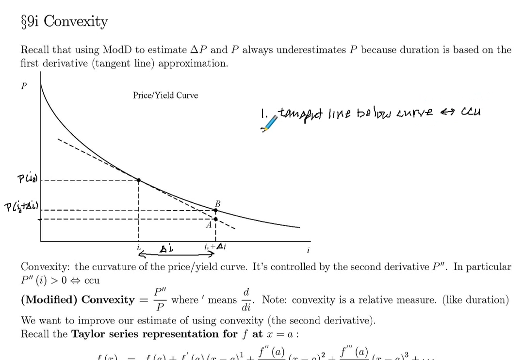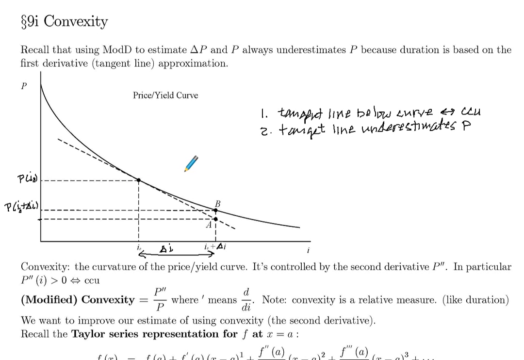And as a result of that, the tangent line always underestimates the new price, which is what we're seeing here. The value on the tangent line is strictly less than the actual value.